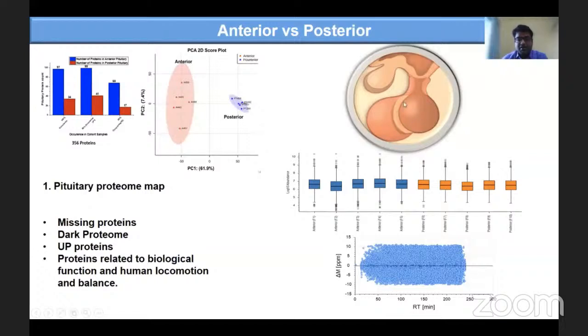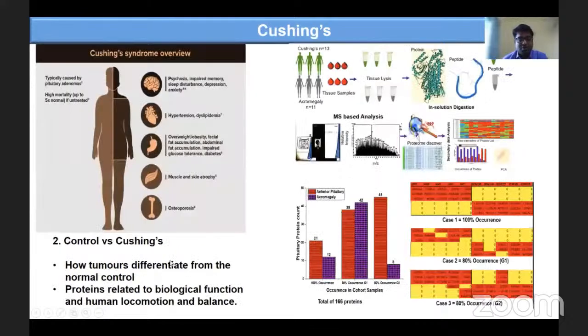So we have performed deep mass spectrometric experiments to decode the proteomics of both the anterior and the posterior lobe, where in this pituitary proteome map, we looked at the missing proteins, the dark proteome, and the proteins that share biological functions and which help in locomotion.